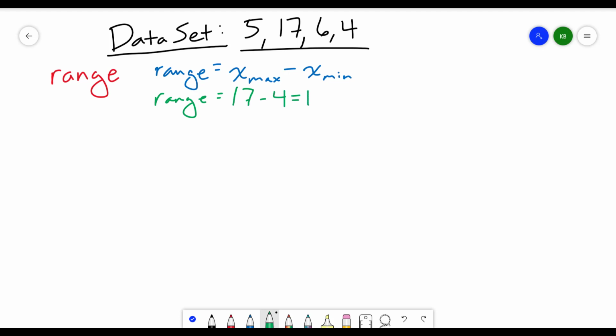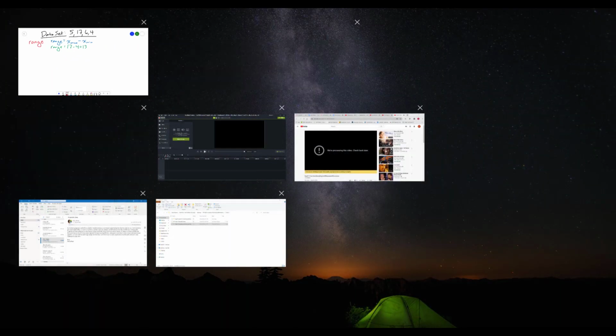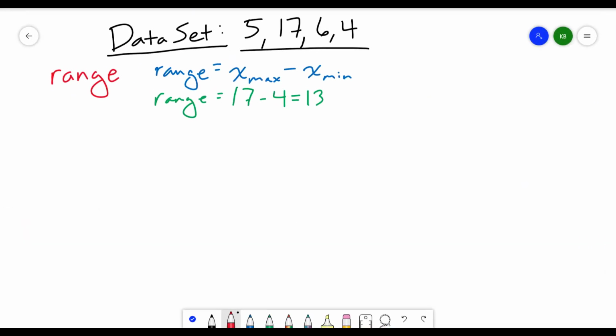So we'll have a range of 13. And I should say this is the sample range. The sample range is for the sample. You can do this also for a population, but we're talking in samples through all of this. So we have that.